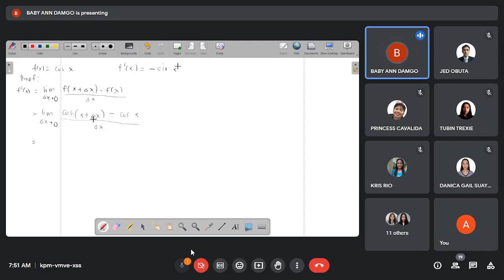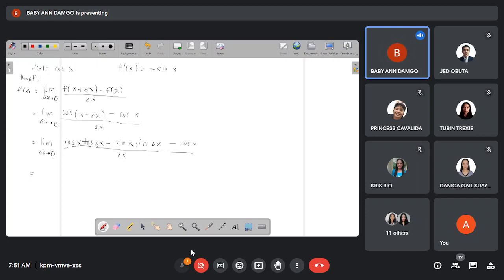Okay? So, diri, i-apply na nato ang sum of cosine. So, this is cos, this is plus, so this is minus sine. Okay, so this is x, change of x, minus cosine x all over the change of x as the change of x approaches 0.